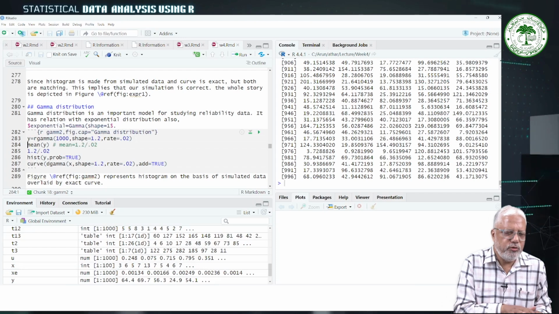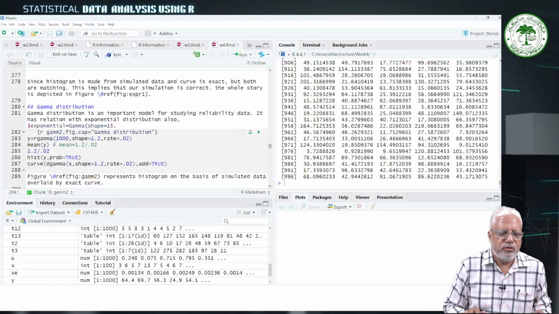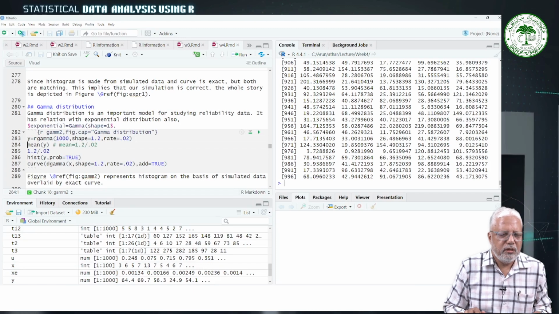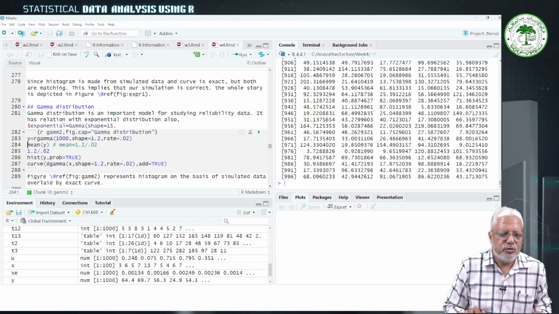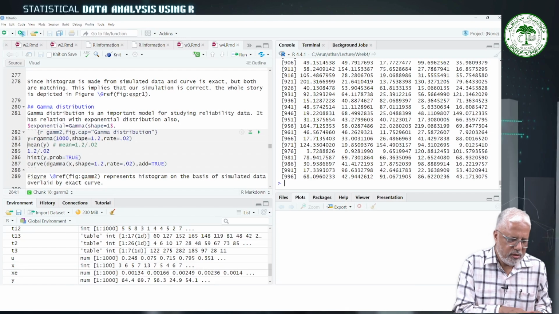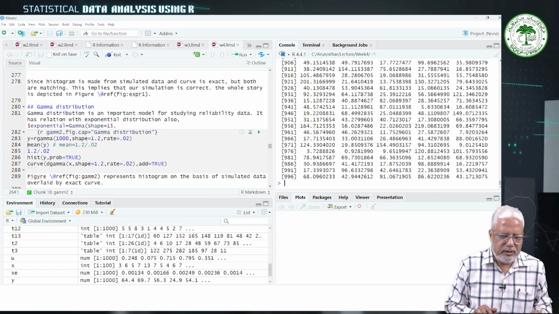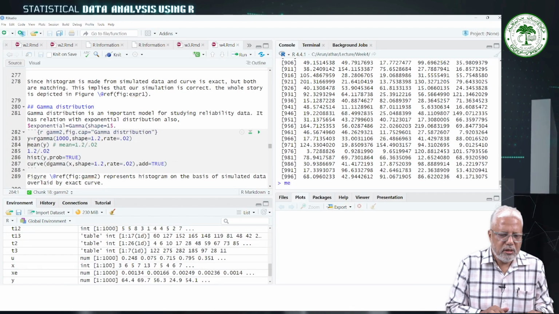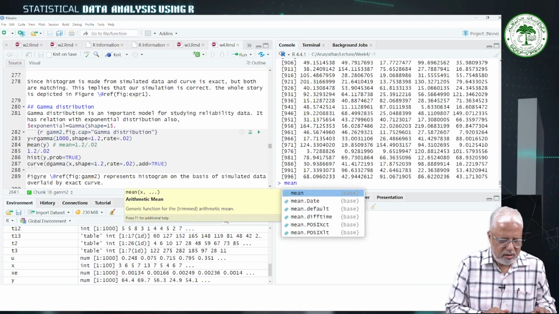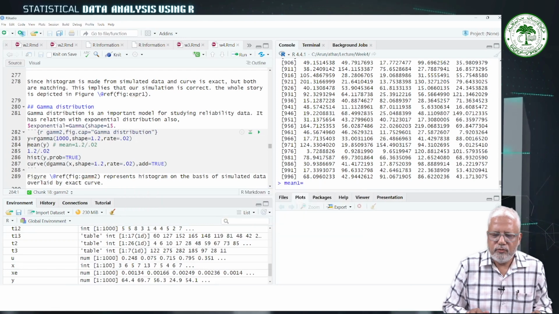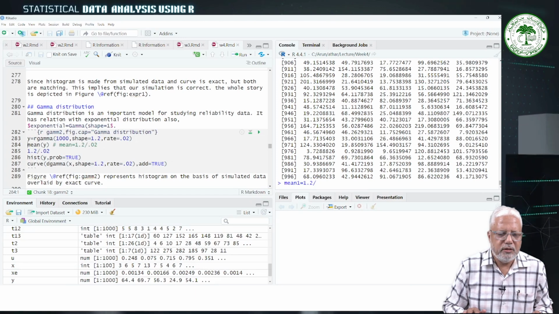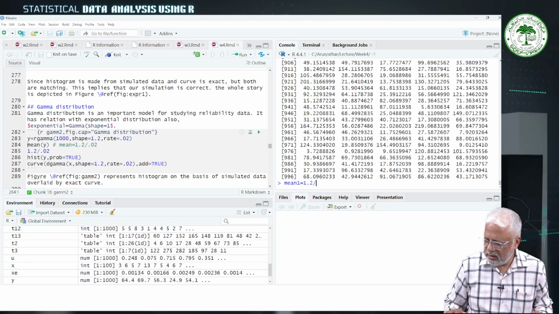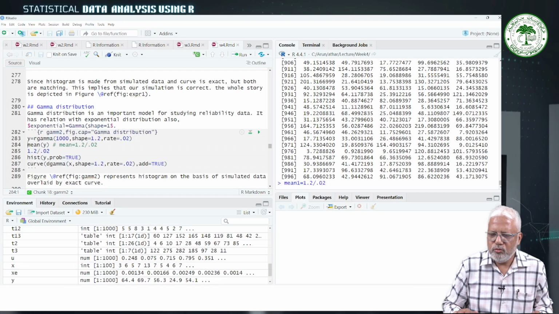If we want to compute the mean, the exact mean should be shape by rate, that is mean1 is equal to 1.2 divided by 0.02.